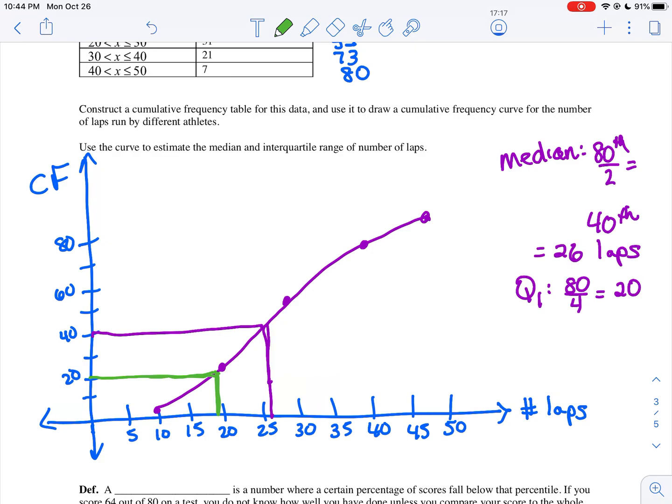I don't know where that is exactly. Does that look about right? Okay, on the one I did on mine, it looked more like 20 than it is here. So I don't know. I'm going to go with what I have here.